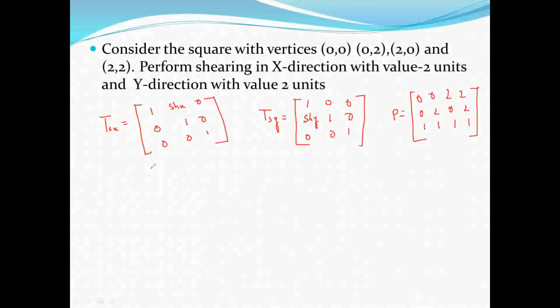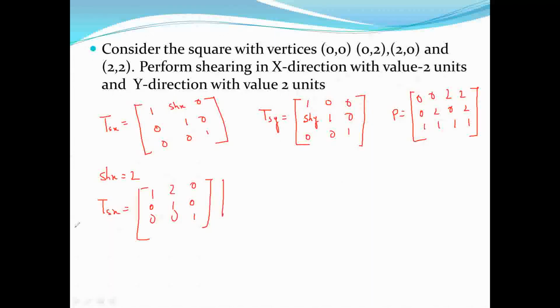If you want to perform the shearing with respect to x direction, the shearing value is given. The shearing factor with respect to x direction is 2 units. So you replace this 1 by 2. You get T of Sx, which is nothing but 1, 0, 0; 2, 1, 0; and 0, 0, 1. If you multiply the point matrix with the shearing matrix, you will get the coordinates of the sheared object.